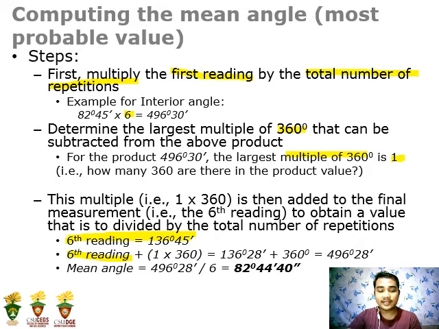So 1 times 360, the equation is 136.28 plus 360, which gives 496.28. Then to get the mean angle, we divide it by the number of repetitions. Then we have 82 degrees, 44 minutes, and 40 seconds. So this is now the mean angle for the interior angle in our example earlier.